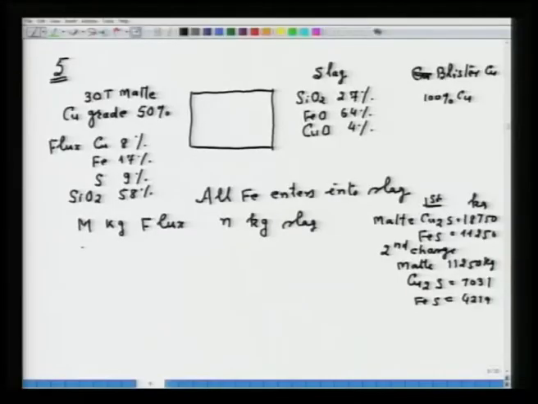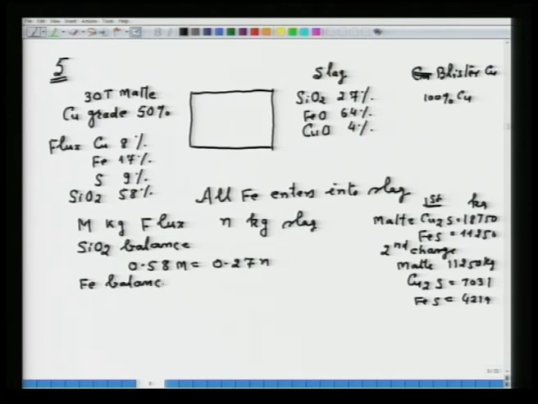So, again I will be doing SiO2 balance. SiO2 balance: 0.58 m is equal to 0.27 n. And I do the iron balance, which is from the first charge, which contains 11,250 kg FeS.